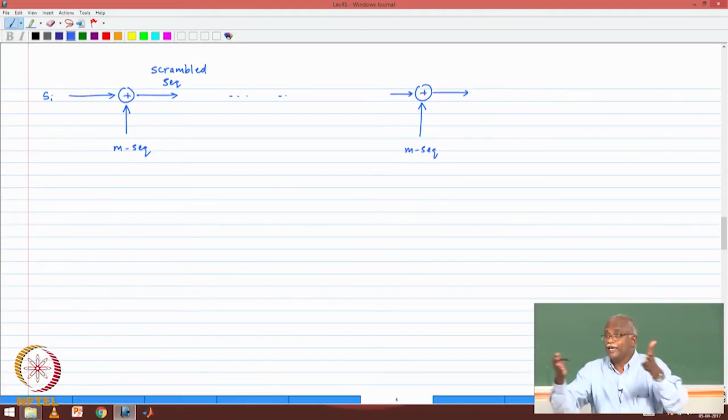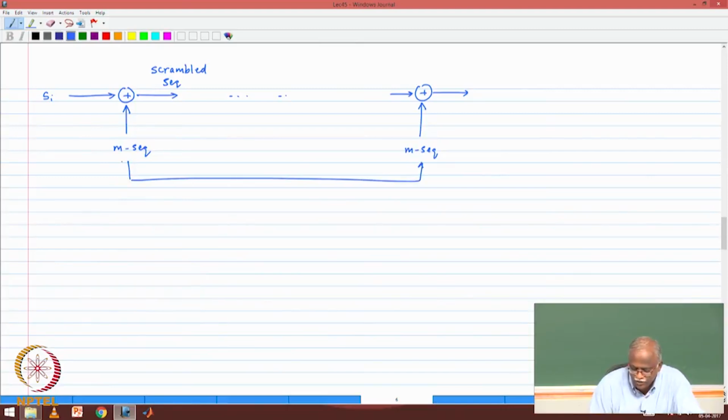So where in the M sequence do I start? These two must somehow be synchronized. The receiver must know the phase of the M sequence that is being used for scrambling.